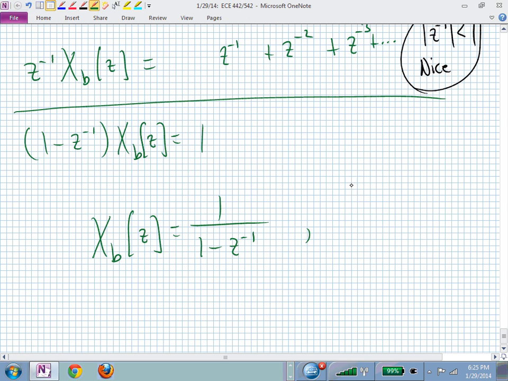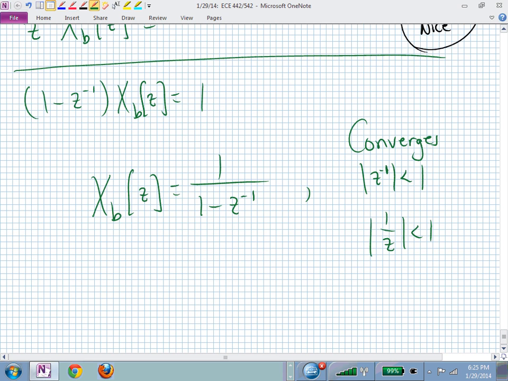as long as my sum converged, and that's going to happen as long as that ratio, which I found was z to the minus 1, is less than 1, or the absolute value of 1 over z is less than 1.